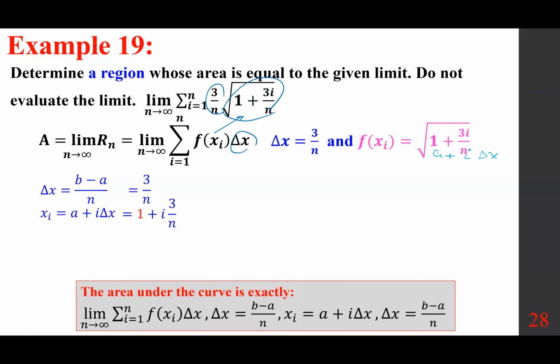So if a is 1 and b minus a is 3, b must be 4.